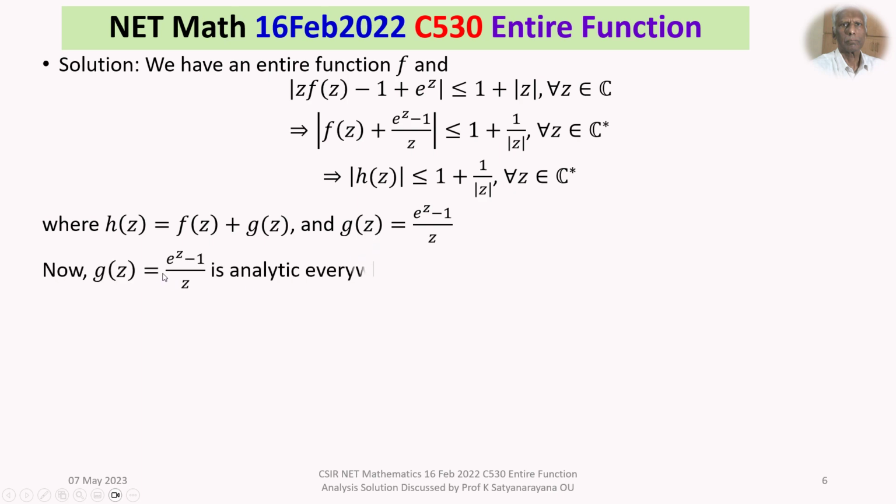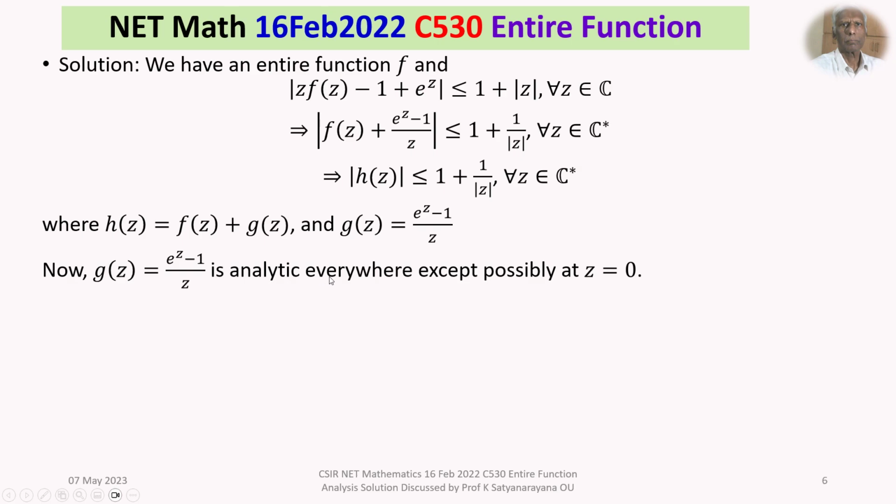Now g of z is equal to e power z by z minus 1 by z, which is analytic everywhere except possibly at z is equal to 0. The numerator is an entire function. The denominator is also an entire function, one divided by the other.